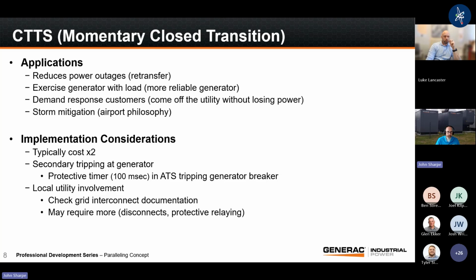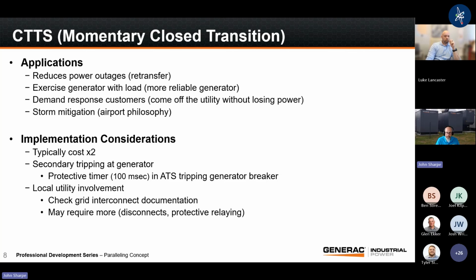Couple things to think about when we deal with closed transition transfer switches. There is a likelihood of not zero that these two sources could get stuck together. Right? I've got two contacts and I've got one closed. I'm going to close this one before I open this.